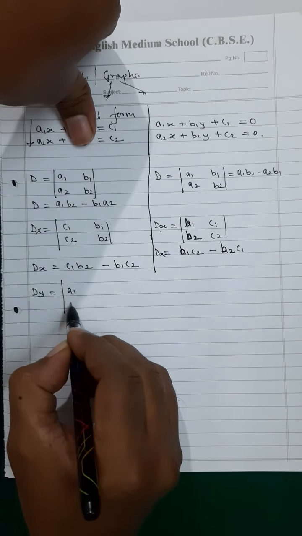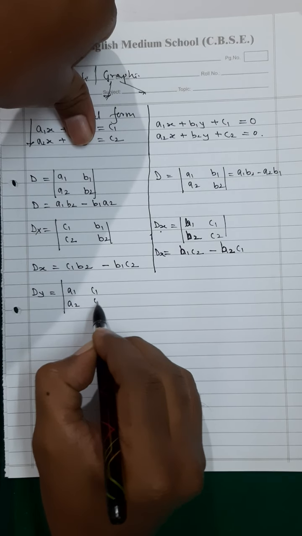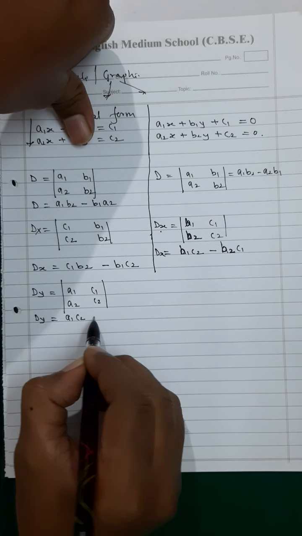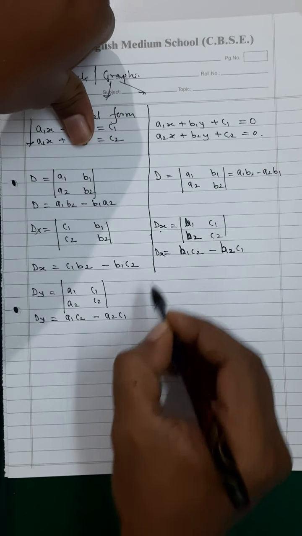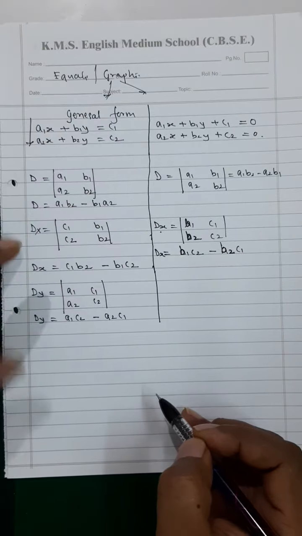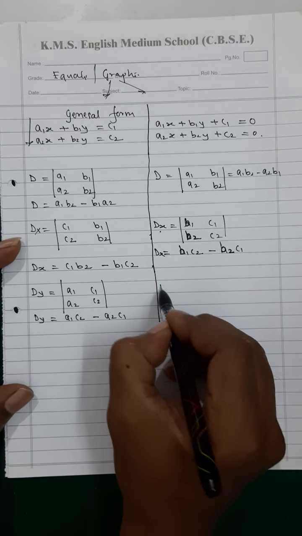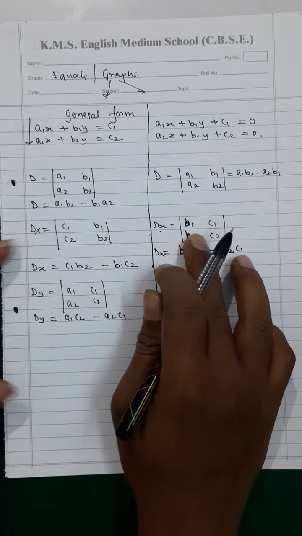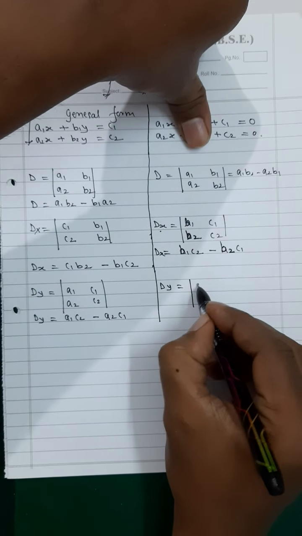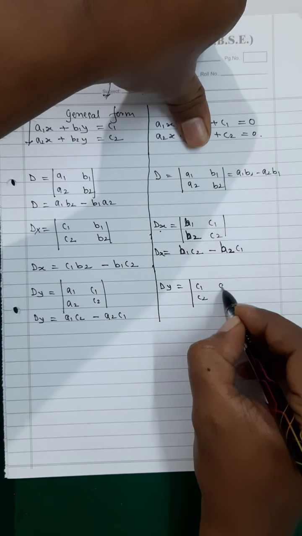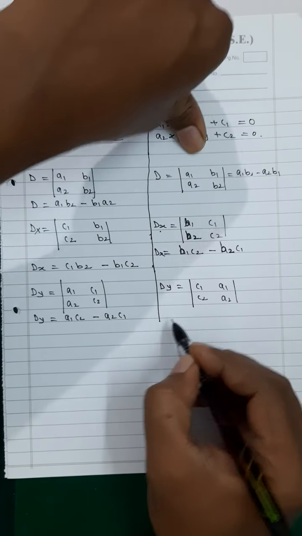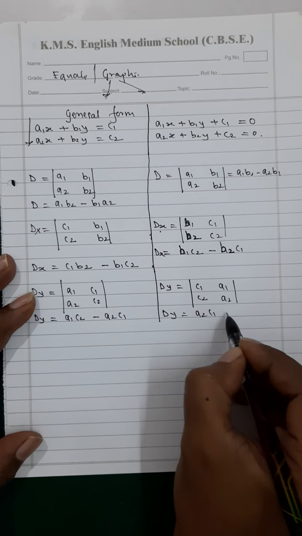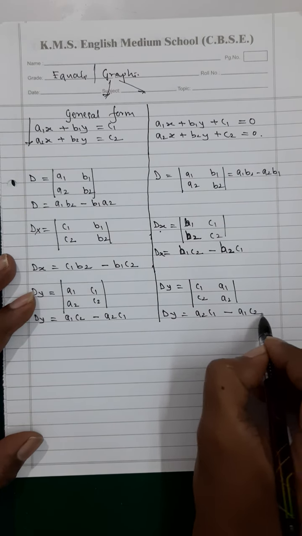You write a1, a2, c1, c2, and then the value of dy is equal to a1 c2 minus a2 c1. Fine. And here, when you find dy, you will swap the places of c1, c2 and a1, a2. So dy will be a2 c1 minus a1 c2.